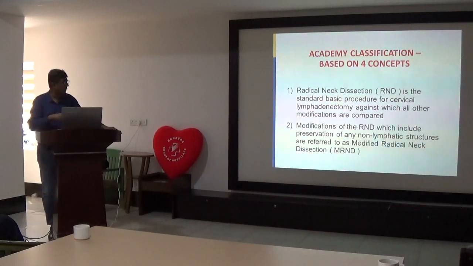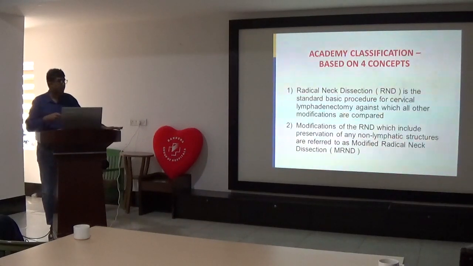Now the first neck dissection was the radical neck dissection, and all the other modifications of neck dissections are compared with this dissection. Radical neck dissection is removal of all lymphatic and non-lymphatic structures from the mandible to the clavicle, anterior border of the trapezius to the midline.